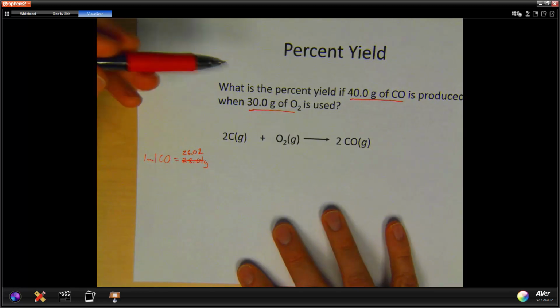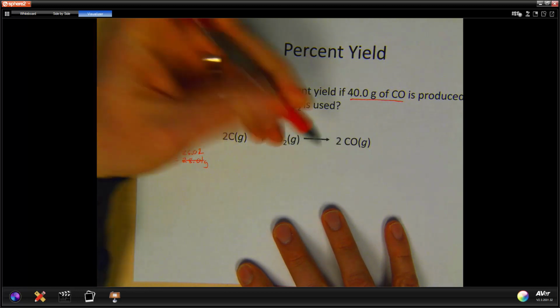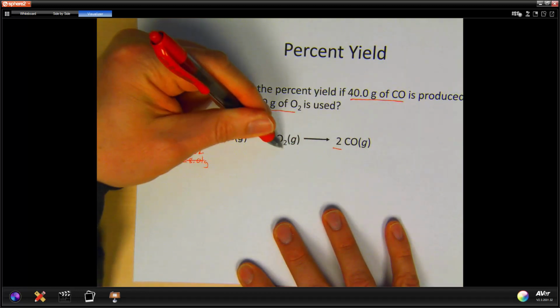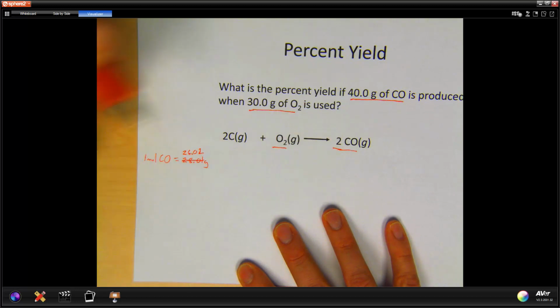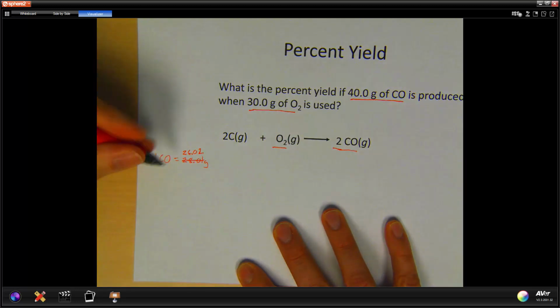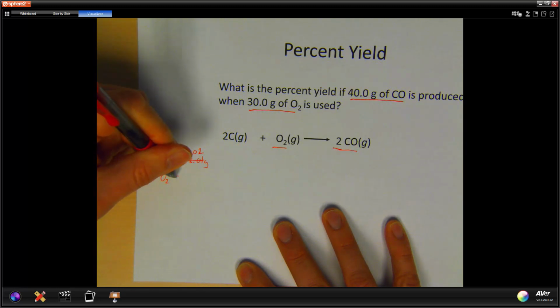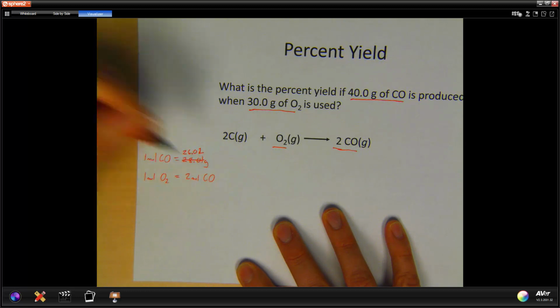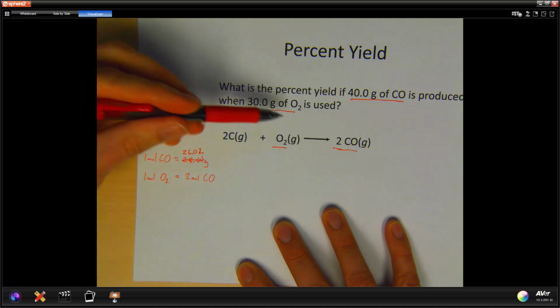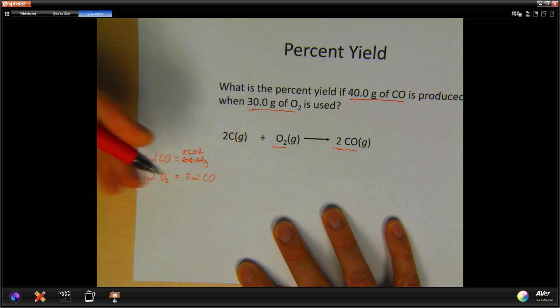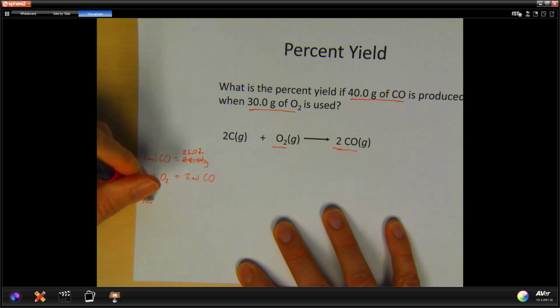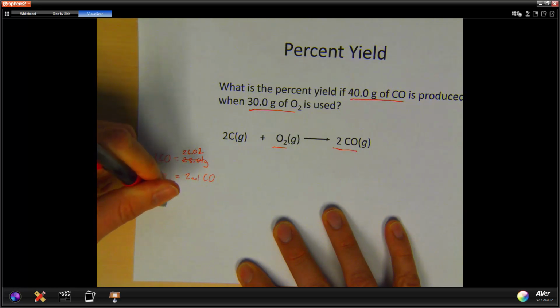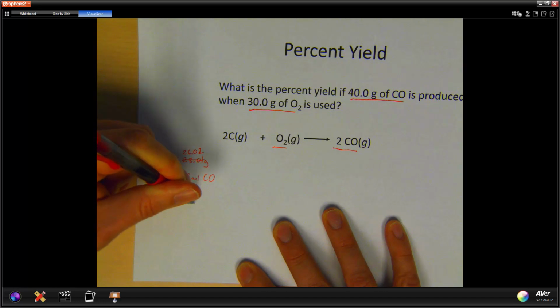We have carbon monoxide and we have oxygen, so we care about that relationship. From the balanced equation, 1 mole of O2 is equal to 2 moles of CO. And then we have grams of oxygen: 1 mole of O2 is equal to 32.00 grams from the periodic table.